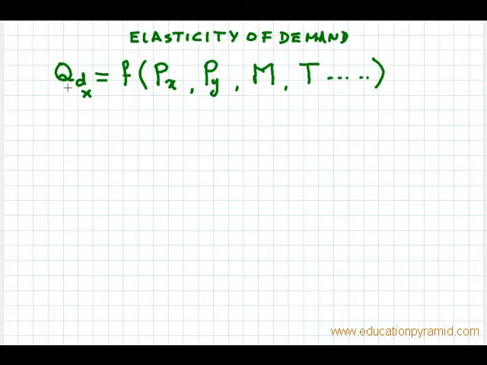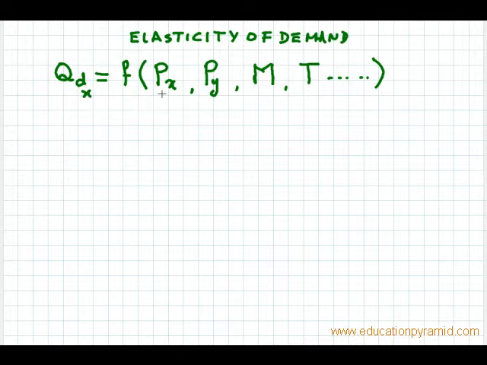And quantity demanded is sensitive to change in price. Quantity demanded is sensitive to change in prices of related commodities. It is sensitive to change in income of the consumer. It is sensitive to change in the taste and preference of the consumer. So these sensitivities are also known as the elasticities.